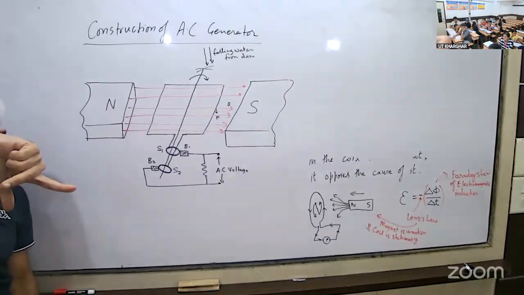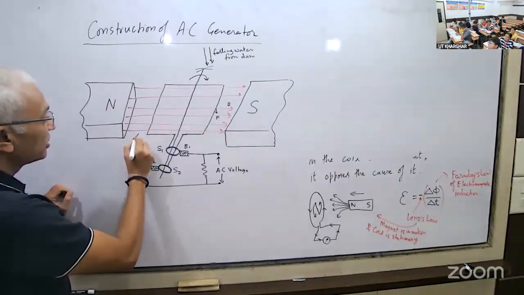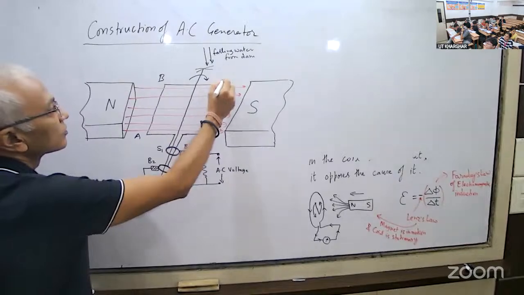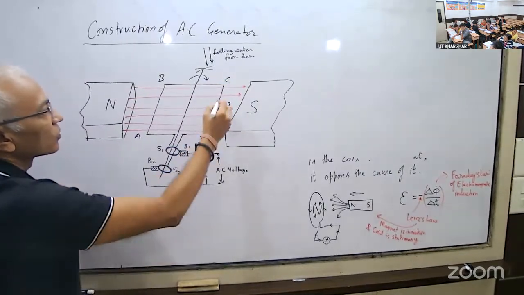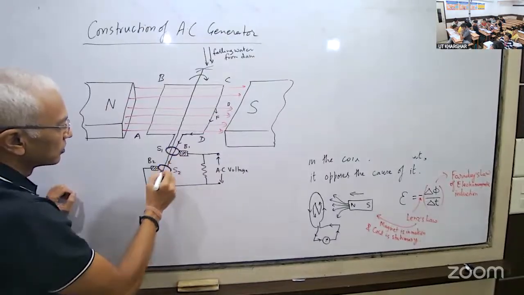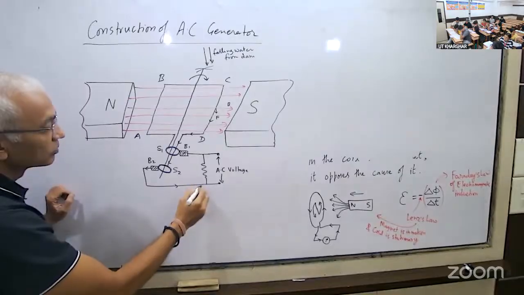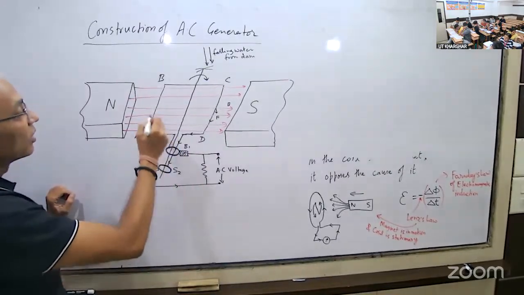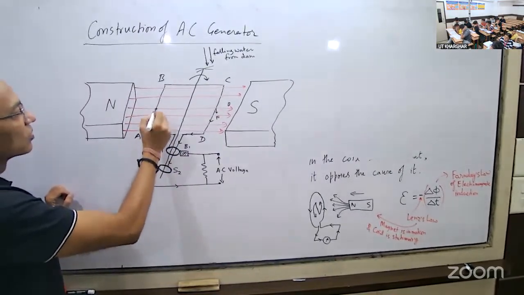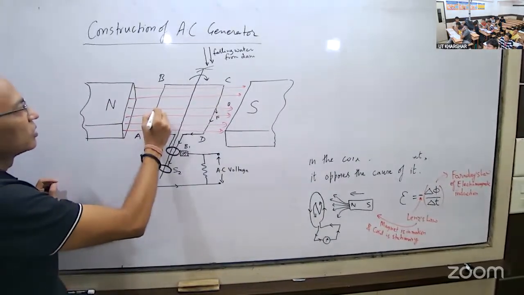Current is coming towards you. So if I call this as ABCD, so current is this side. So it is drawn from B2. Okay? And on this side, if the coil is rotating clockwise, the force is upward.